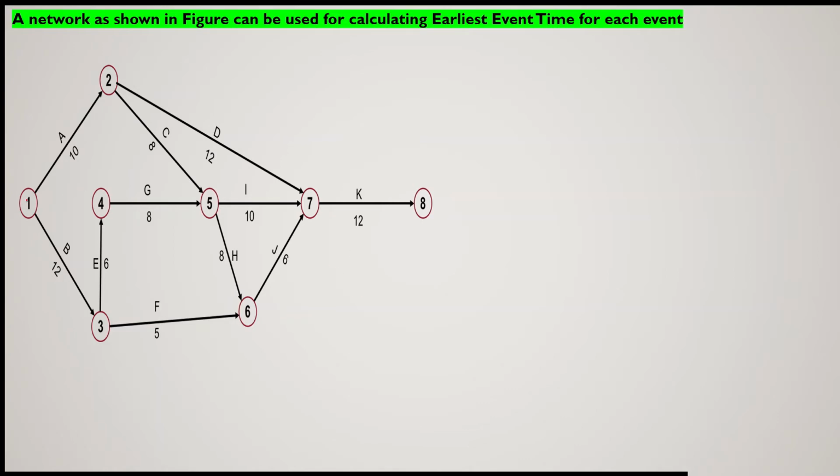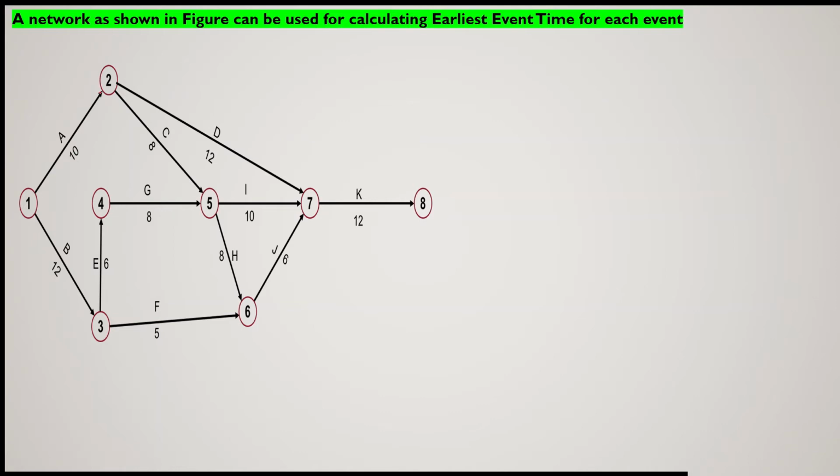So event number 1 will be the starting event, because as per Fulkerson's rule, event number 1 will be the starting event, and it is given number 1 because all the arrows are emerging out of this event number 1. No arrow is coming into this event number 1, so it is the starting event.